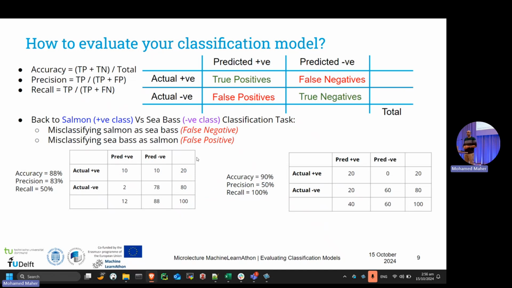Of course, in this business problem, we're going to choose the first model, which has lower accuracy, but it has much higher precision, which is the most important evaluation metric in our task over here. So this example highlights how we should consider selecting the most appropriate evaluation metric for our task. And here precision is the most appropriate one. So we need to select the first model, which has higher precision.